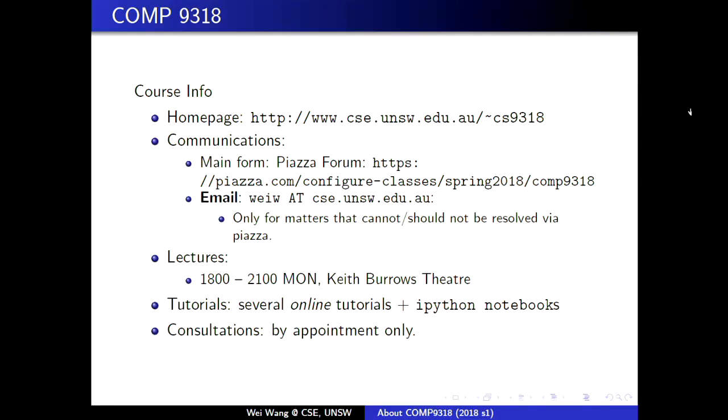That's the plan. My own email is weiw@csc, but I highly suggest that we try to resolve matters over Piazza, especially course-related content. Only if you really need a meeting in person, or to discuss a personal situation which will be solved more easily in person, you can send me an email.